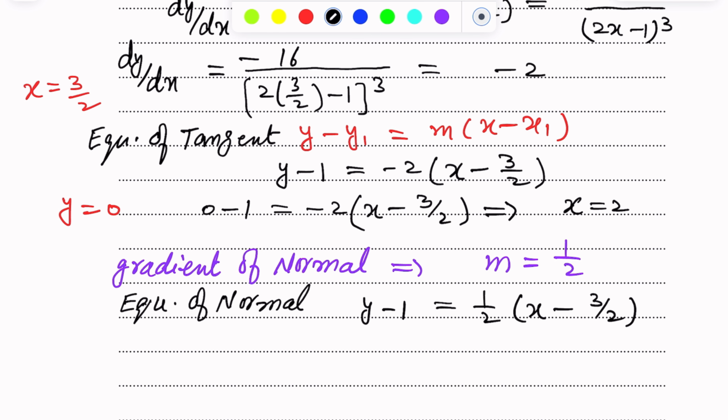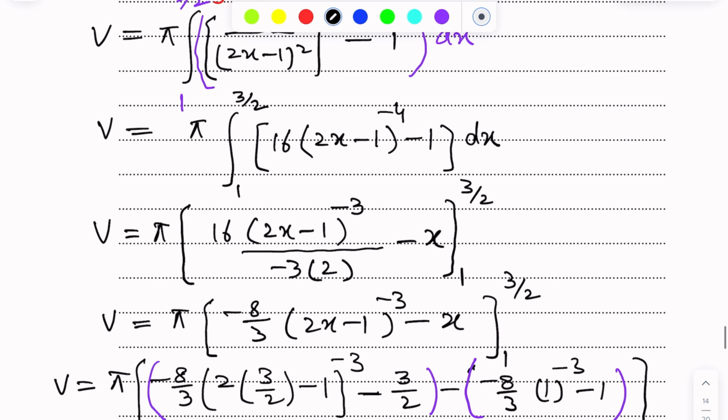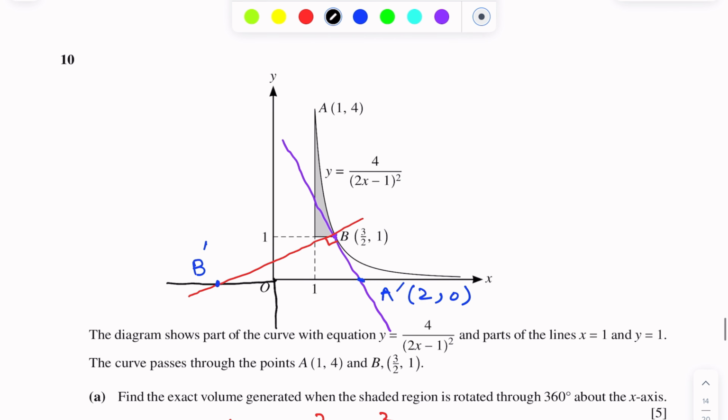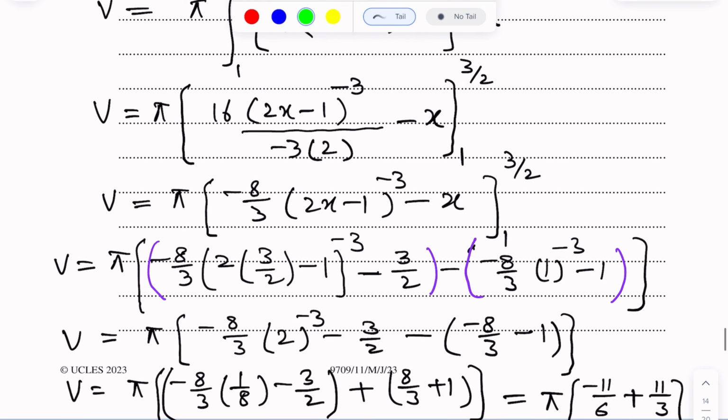No need to simplify it, but we have to find the coordinates of the point. We have found the equation of this normal line, and putting in the value of y, because this normal line intersects the x-axis at this point, y will be 0.